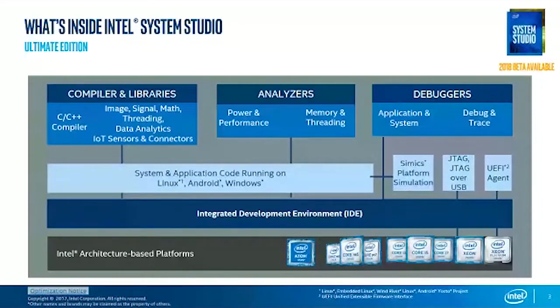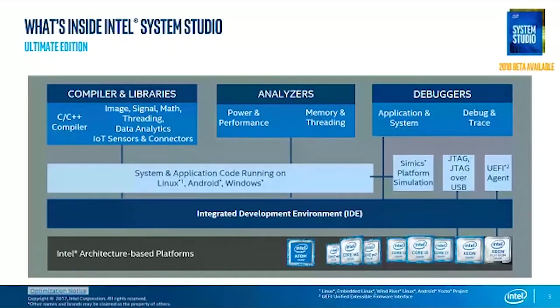And the System Studio is utilized to develop the DSS application and the system. So what's inside of System Studio? Here is the block diagram of the Intel System Studio. We separated the System Studio into 3 categories generally.